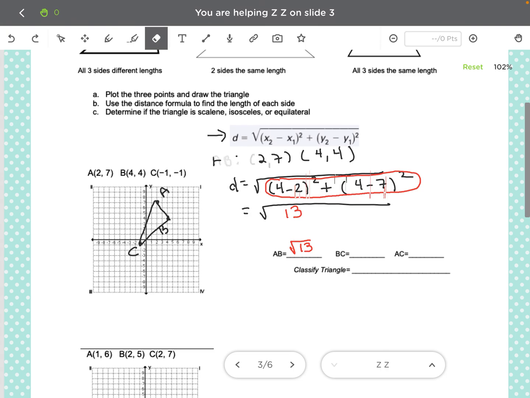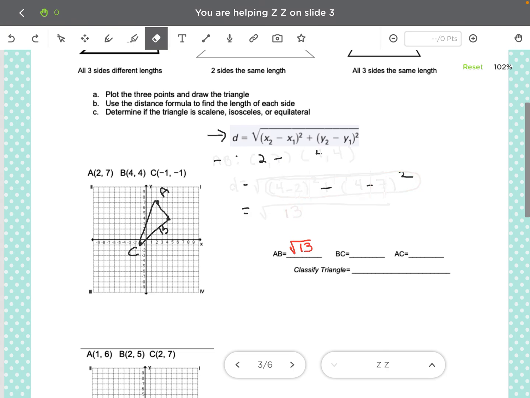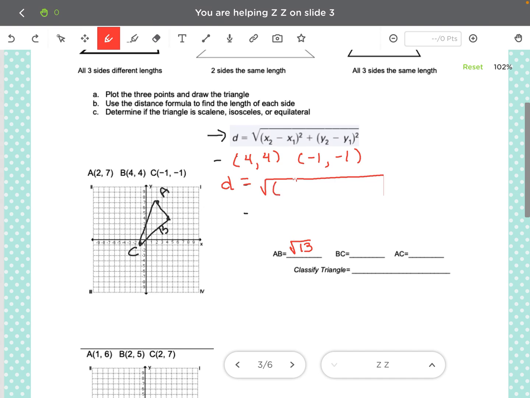Okay, we're going to do the same thing with the other sides. So next is going to be the side for BC. So let's make sure we're using the right points. So BC are going to be the points 4, 4, and -1, -1. So same thing, use the distance formula. I'm going to take the y's and subtract it: -1 minus 4. Take the x's and subtract it.